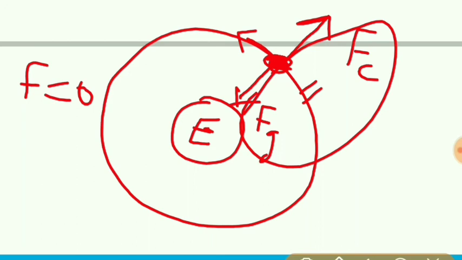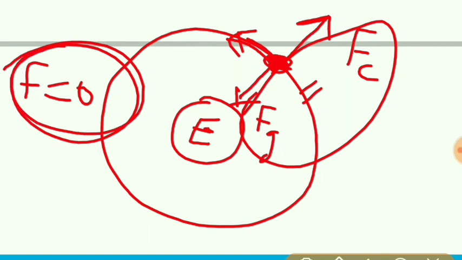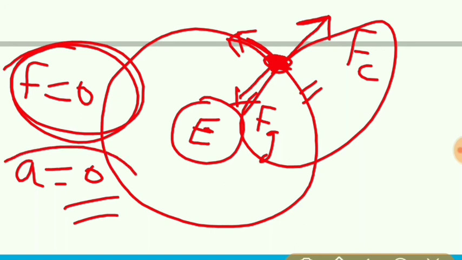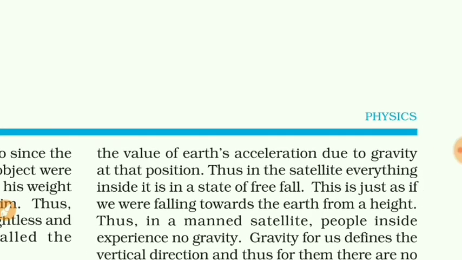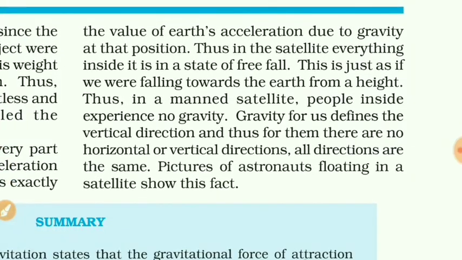And so for any satellite orbiting the earth, the resultant force on the satellite is 0. And if the force is 0, then the acceleration will also be 0. And if the acceleration is 0, then we know that there will be no experience of the weight. And so in a satellite also the weightlessness condition is experienced.